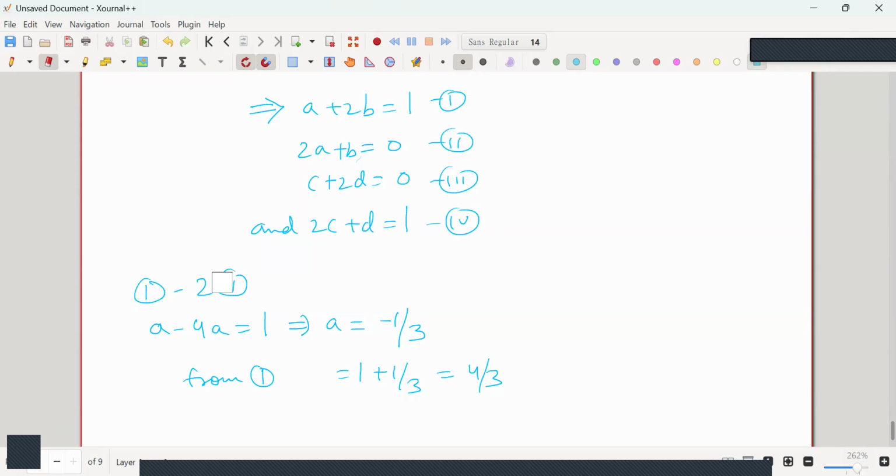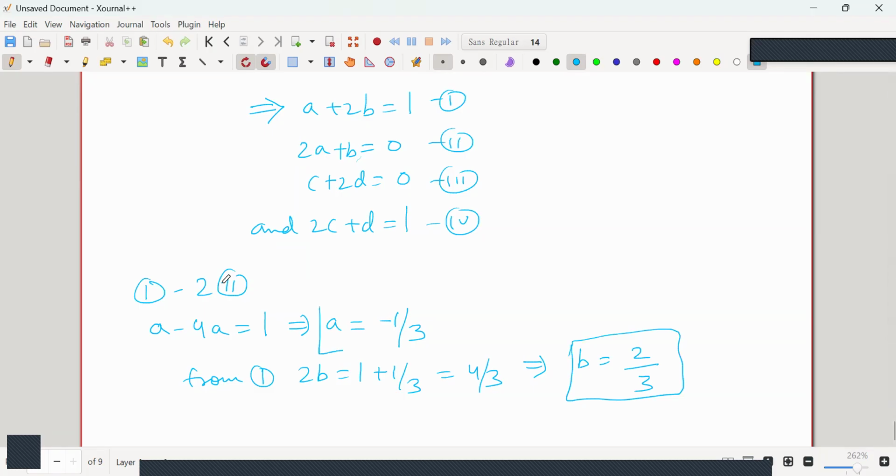From 1, to b is, it's correct, right? 2b is 1 plus 1 by 3, which is 4 by 3. So this will imply b is 2 by 3, right?